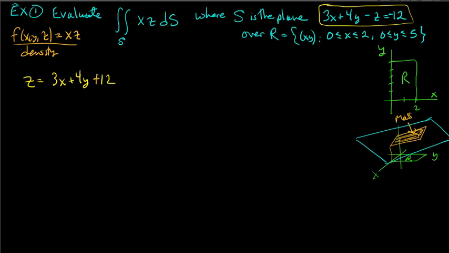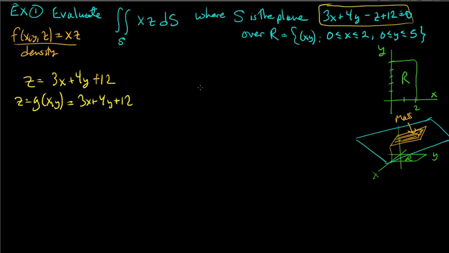Or better yet, the equation should have been 3x plus 4y minus z plus 12 equals 0, because usually that number's on the left with the other numbers. Plus 12 equals 0. All right, so that's my surface. That's my plane. That's my g of x, y, so z as a function of x and y is g of x and y.